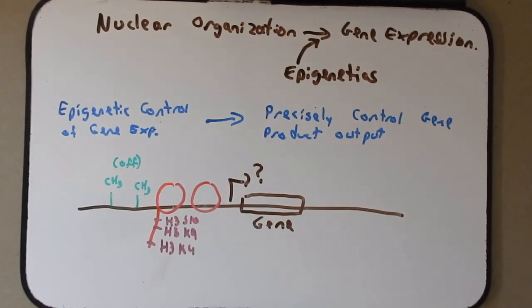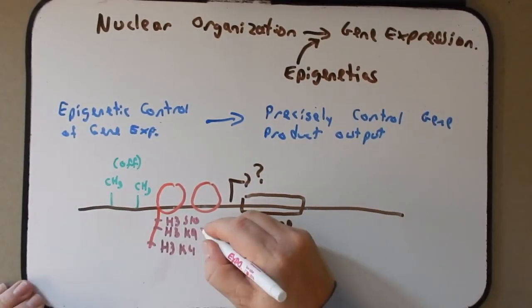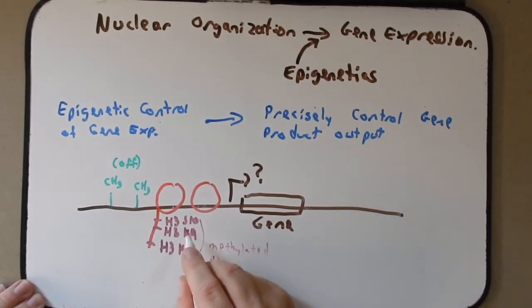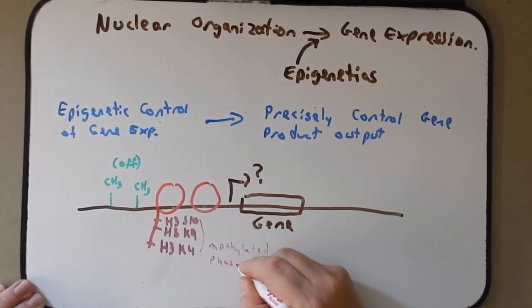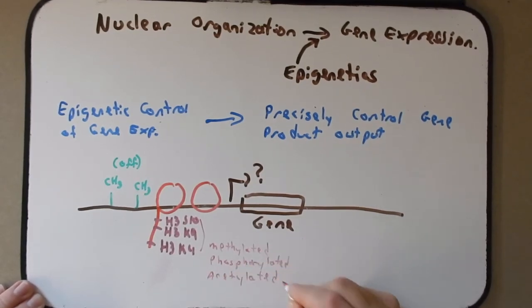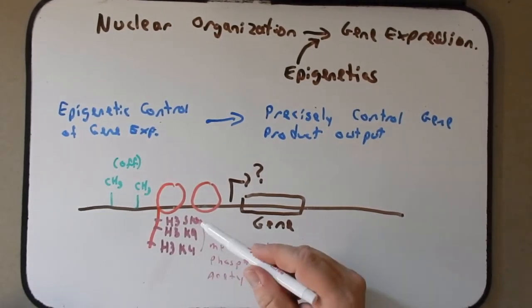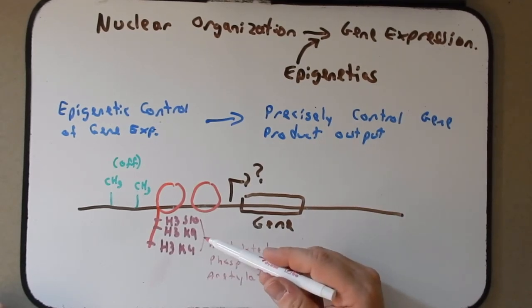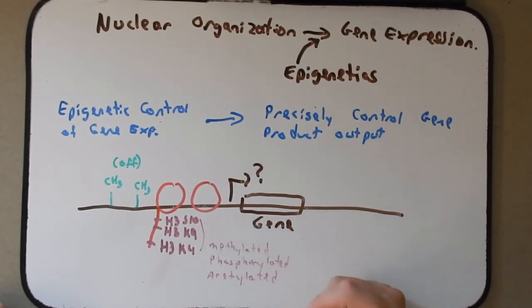And in talking about these, we've talked about how they could be methylated, phosphorylated in the case of S10 up here, or acetylated. And we talked about different mechanisms to bring these groups in, different mechanisms to maintain the epigenetic modification, and how that ultimately leads to a difference in gene expression.